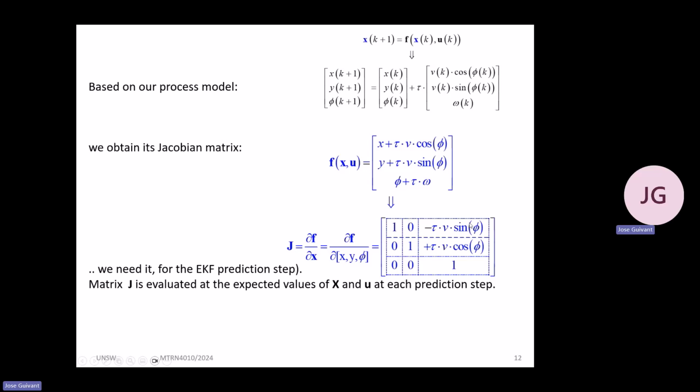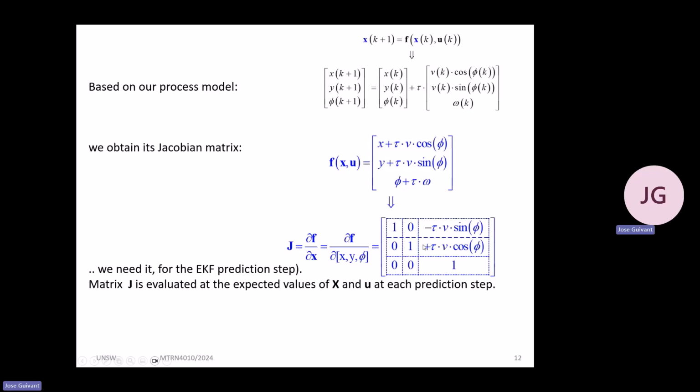And this is the Jacobian that I got, the partial derivative of the first component of the state equation with respect to x, with respect to y, and with respect to phi. The second component with respect to x, y, phi. And finally, for the last component, which is describing the evolution of the heading, with respect to x, y, phi.